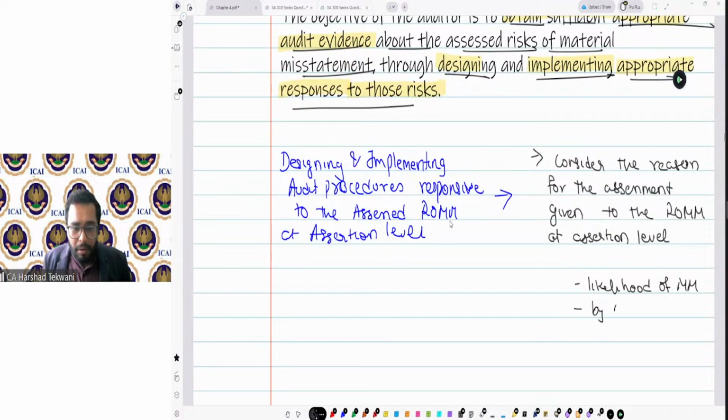And how will we consider the relevant controls?